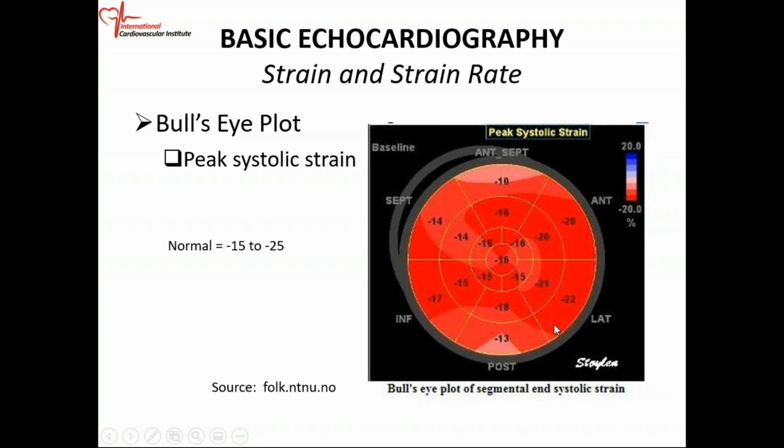And so you can go to the different segments and just looking at the bullseye, the polar plot, you can determine whether it's normal or abnormal. So in this scenario, the abnormal is minus 15 to minus 25. It will vary, probably from minus 15 to minus 25. But definitely you want to see your strain closer to minus 20.